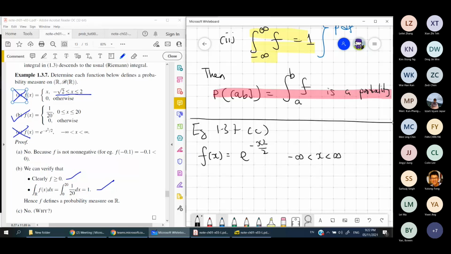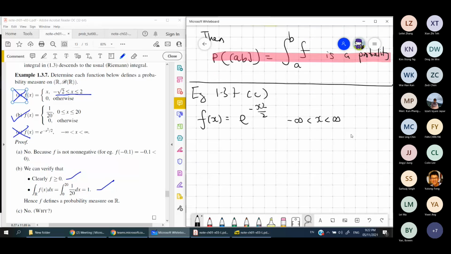The density function for normal is like this, right? It has to have the factor 1 over square root of 2 pi sigma. So yeah, this is normal-looking. However, now we don't have this. That's the issue here.